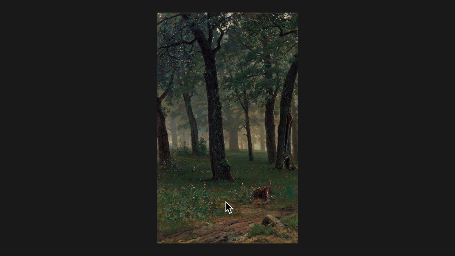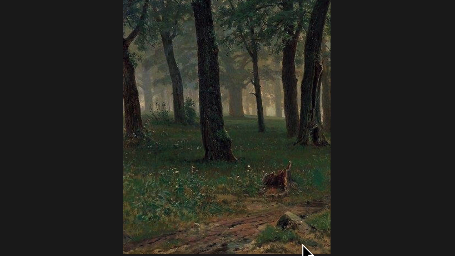And because he's done that so well, this is a very convincing illusion, because we could count this as 1, the grass 2, the rock 3, the dirt 4, 5, 6, we come to our first base of the tree, 7. The grass between this tree and this tree is 8.